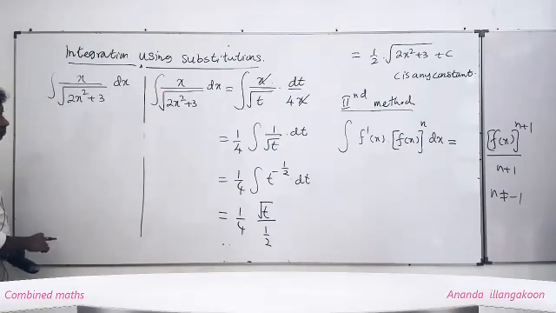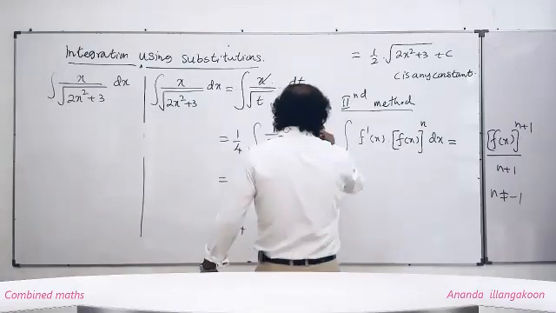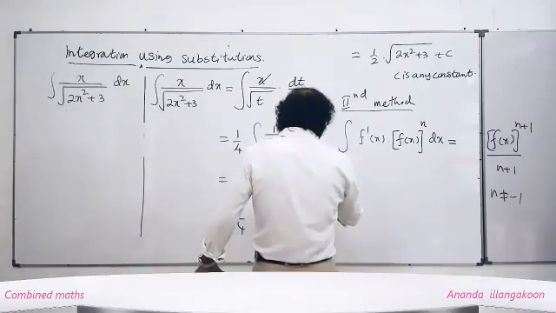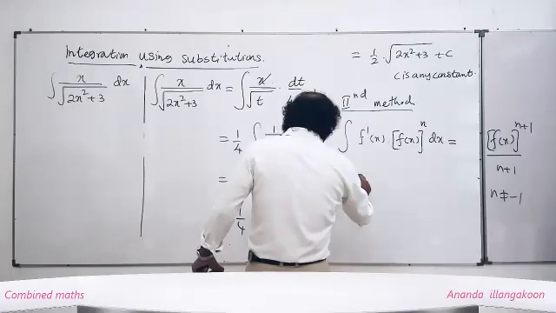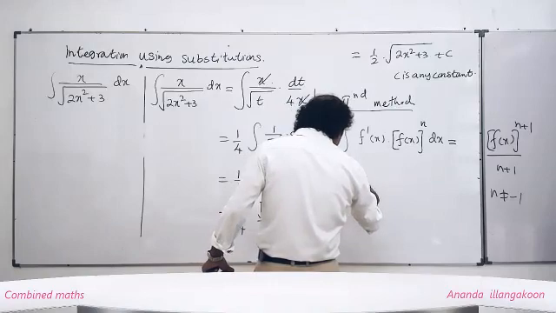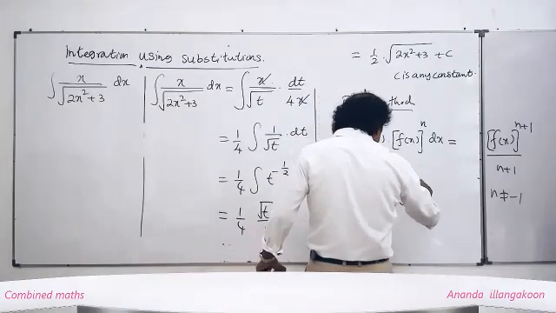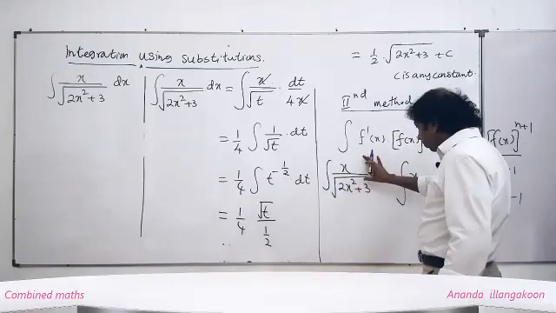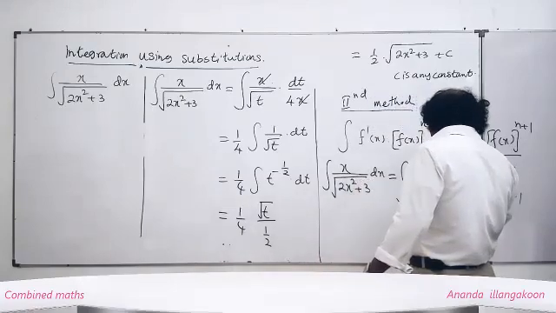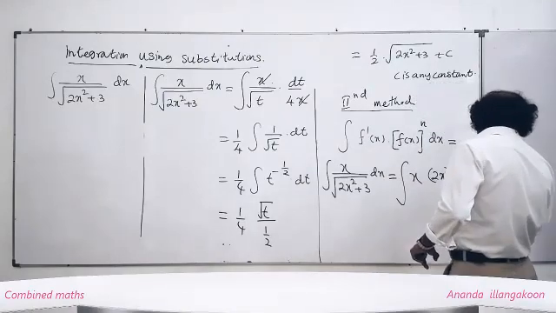Using that, you can take this answer in another way. Under the second method, the integral of x upon square root of 2x squared plus 3 dx. You can bring this to the numerator: 2x squared plus 3 to the power minus half dx.